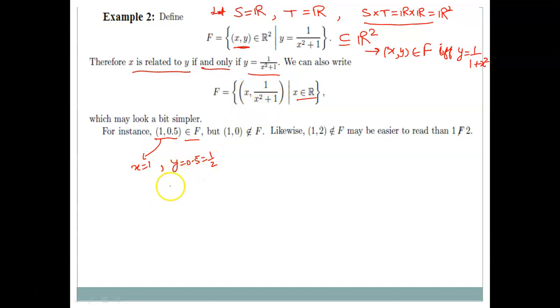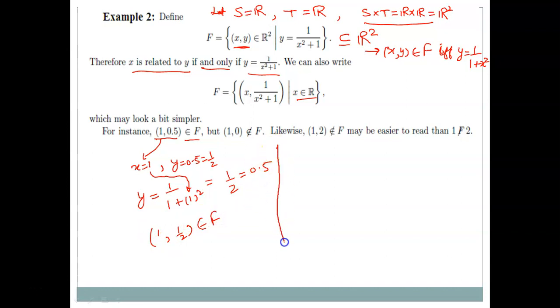Can we write this y as 1 over 1 plus 1 square? Because here x is 1. So now you can see this is equal to 1 over 2, that is 0.5. Yes, it is satisfying the condition. It means this pair (1, 1 by 2) belongs to F.